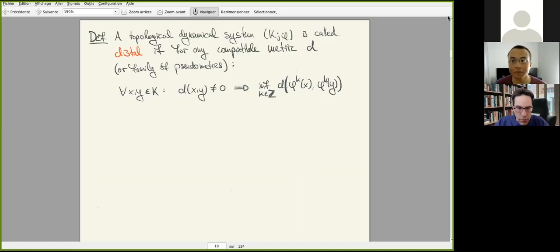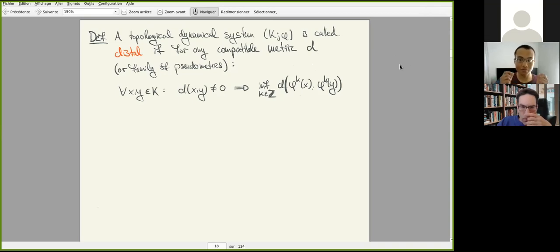Now, a topological dynamical system (K, phi) is called distal if for any compatible metric d, or a family of pseudometrics in the more general setting, if you take two points which are different, so the distance is different from 0, then also the infimum over the entire orbit of the distance is different from 0. Sorry, there's something missing on the slide; this should be greater than 0.